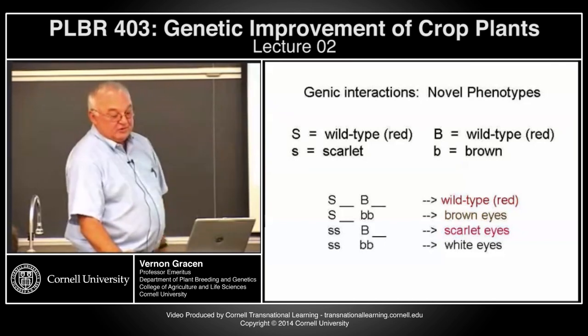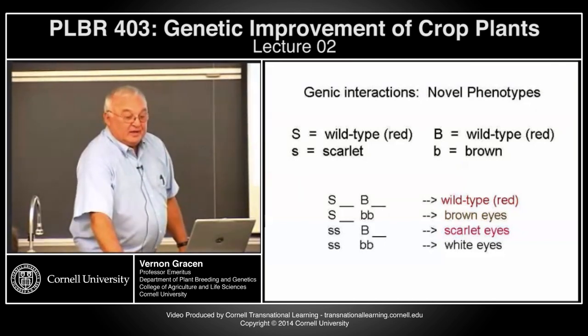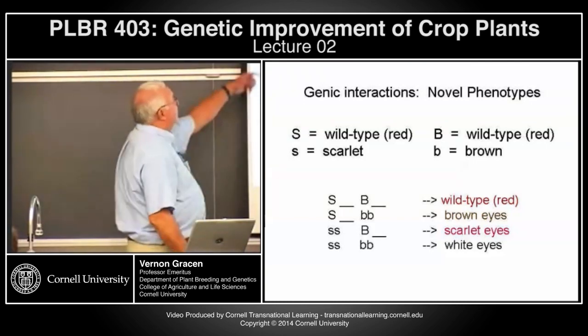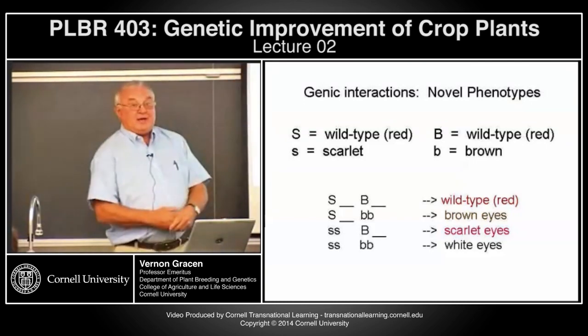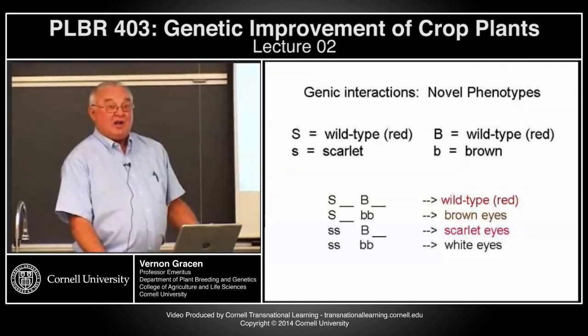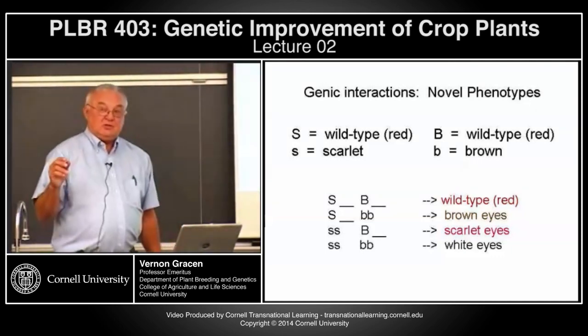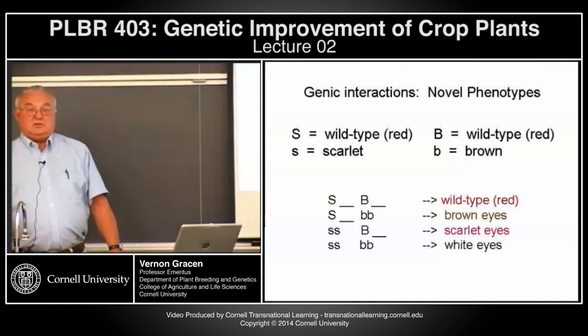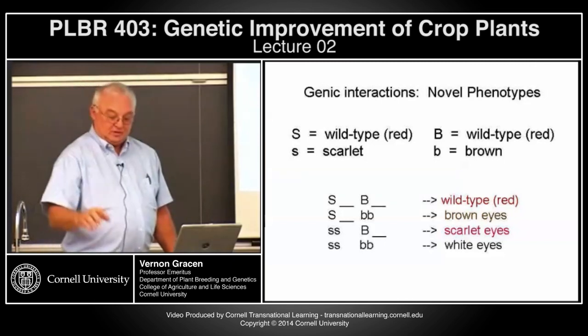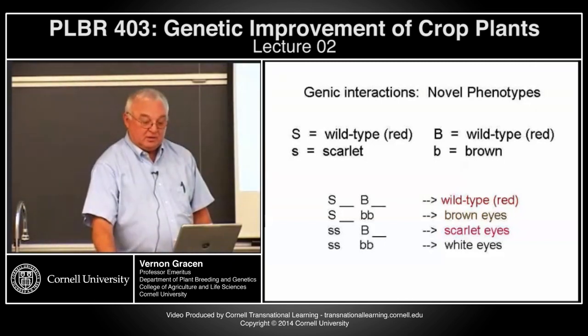We get a 9:3:1 ratio, and what we're dealing with basically is one allele, the scarlet allele, where the wild type is red and the recessive is scarlet color. We're dealing with a second allele where the wild type is red, but the recessive controls a brown color.